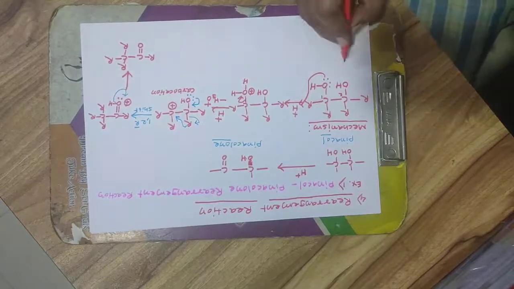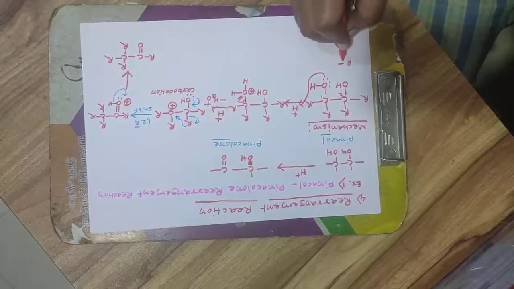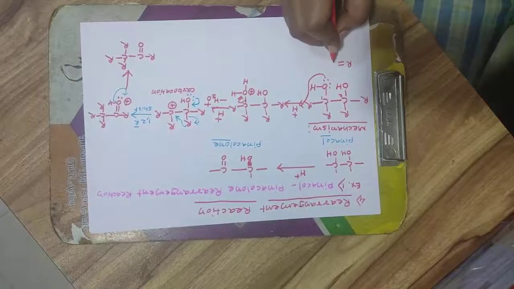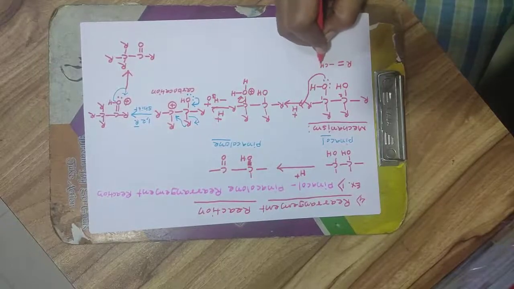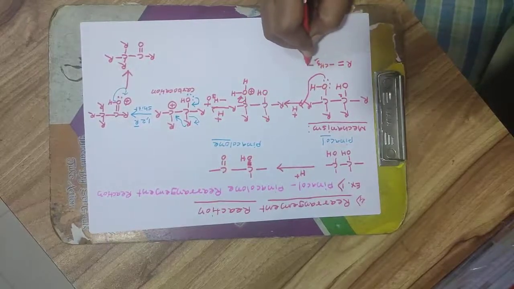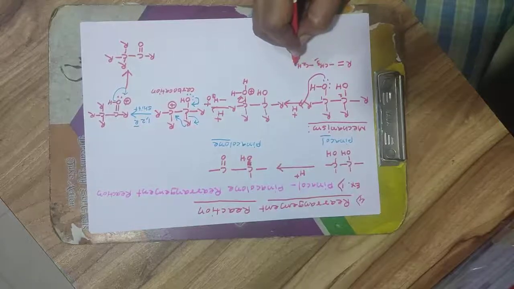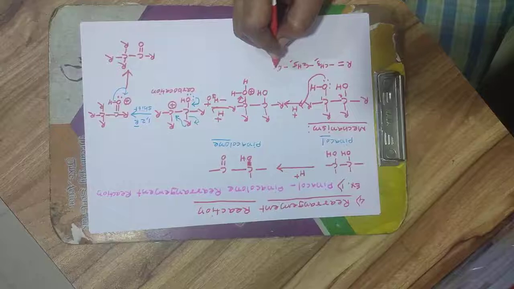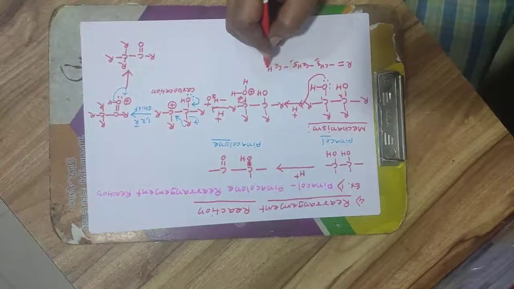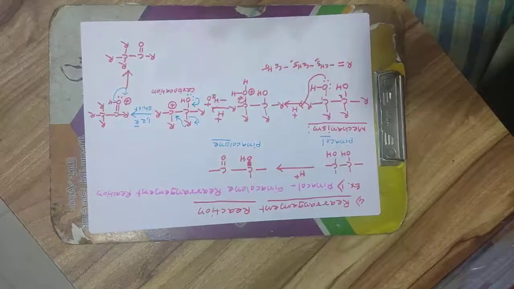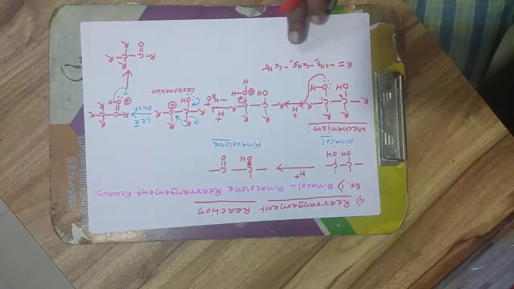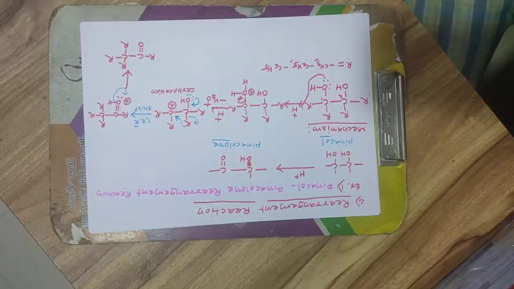That is, R can be any group, maybe methyl CH3, maybe ethyl C2H5, or maybe benzene, that is C6H5. If all are the same, we get three examples. If they are different, then we get another example.